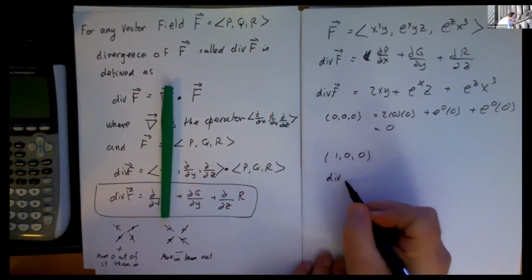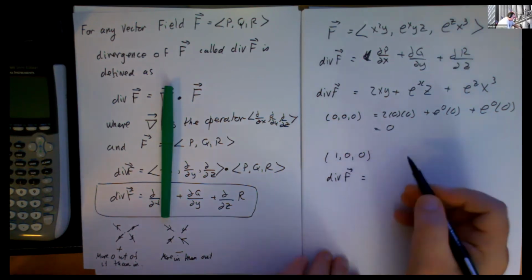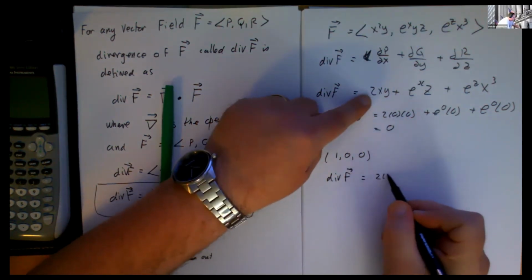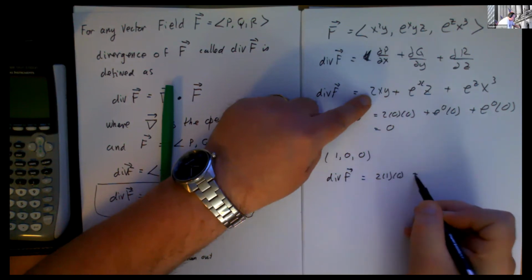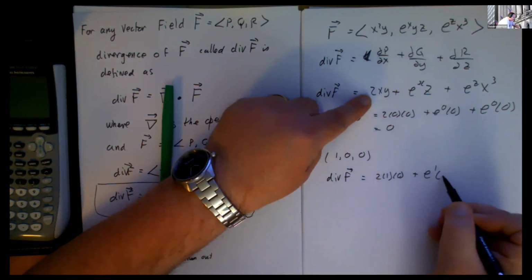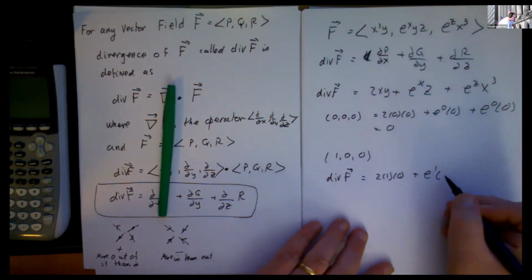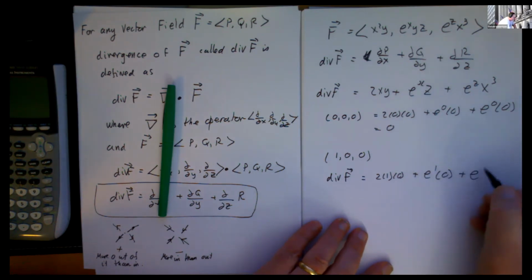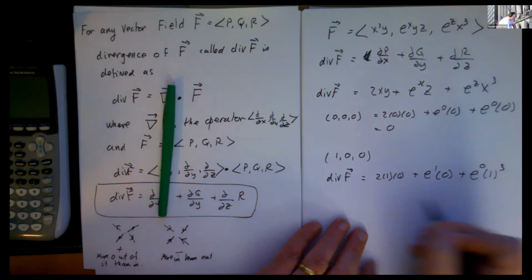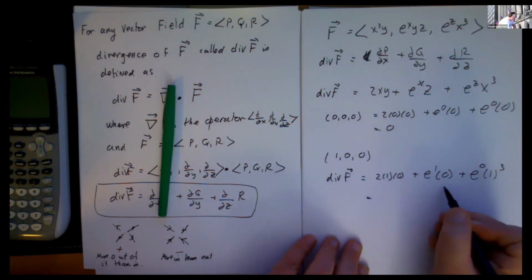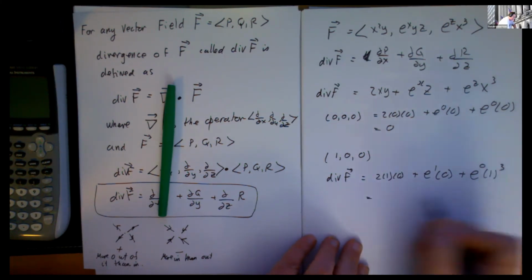Well, at that particular point, it's going to be 2xy, 2 times 1 times nothing, plus e to the 1 times nothing, plus e to the nothing times 1 cubed, good. So nothing add, nothing add, that's 1, add 1, it's positive 1.